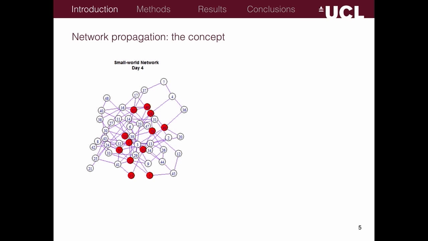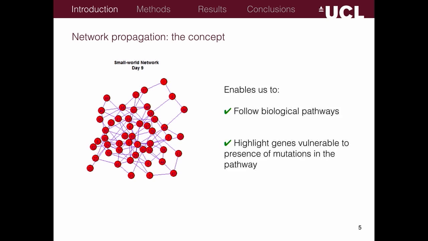In this context, network propagation allows us to do two things. First of all, we can literally follow the biological pathways through which structural variation leads to phenotypes. And second, we can highlight genes that are vulnerable to the presence of mutations, not only in the gene itself, but also in the pathway.